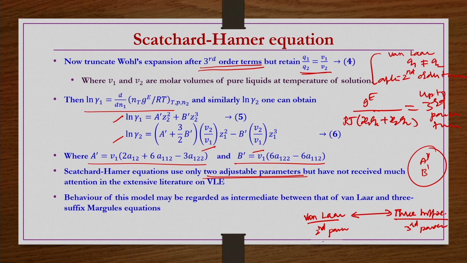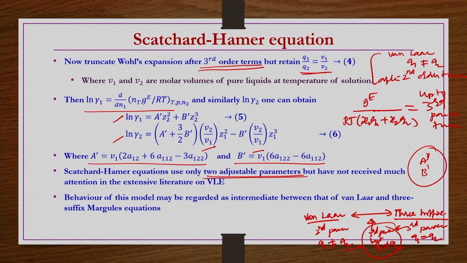And in the Van Laar equation we are not taking q1 equals q2, but in the three-suffix Margules equation we are taking q1 equals q2. So, this Scatchard-Hamer equation is a kind of intermediate where we are taking up to third order terms, but q1 is not equal to q2, one part from here and one part from there. That is the reason it is a kind of intermediate.